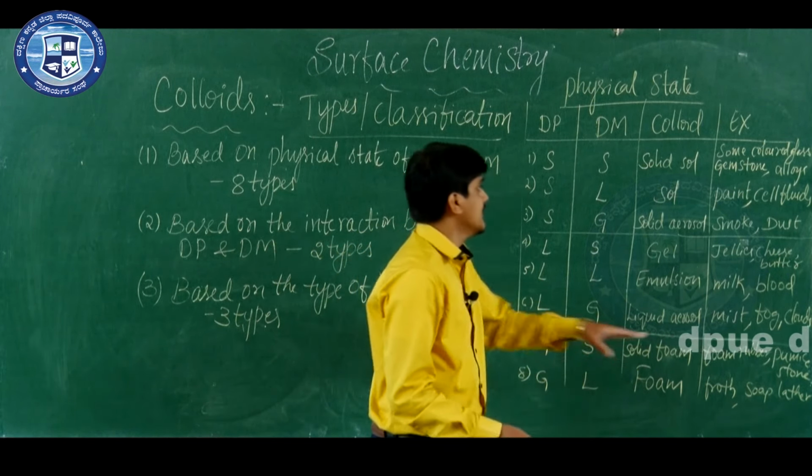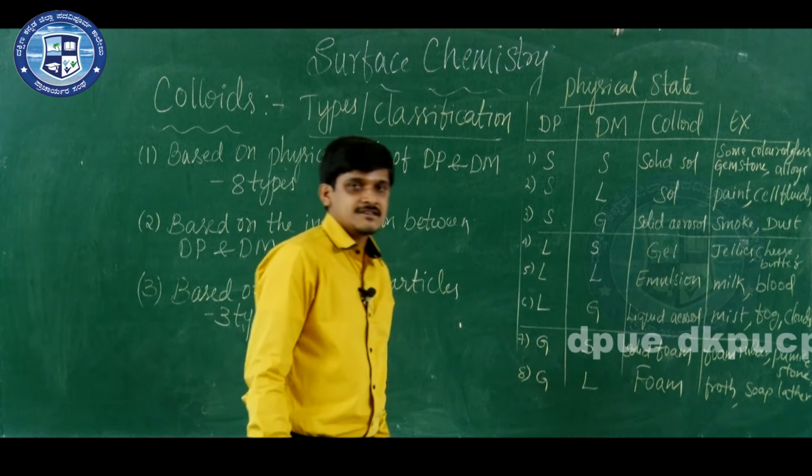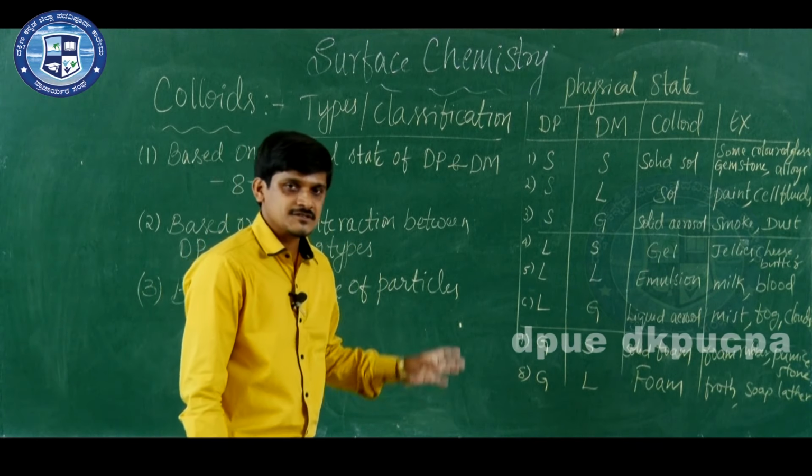So only 8 types of colloids are there based on the physical state of dispersion phase and dispersion medium.